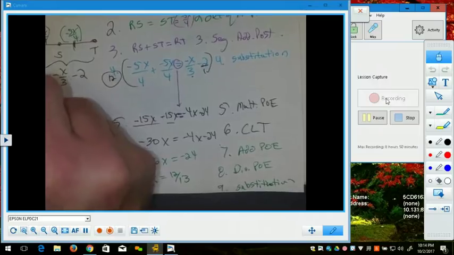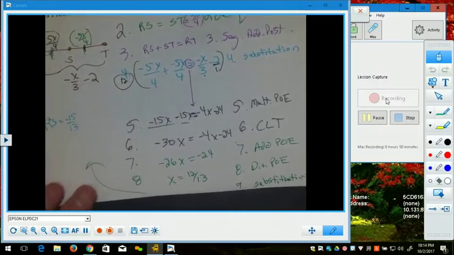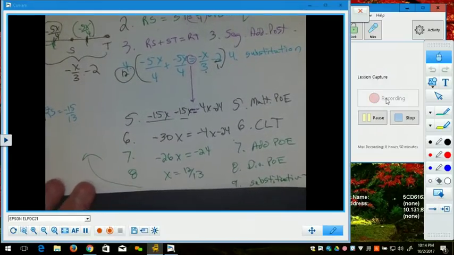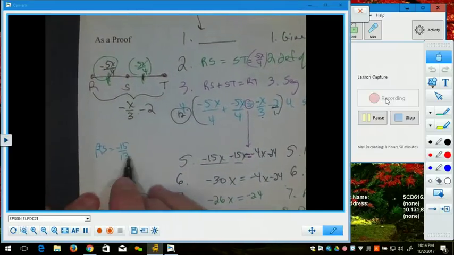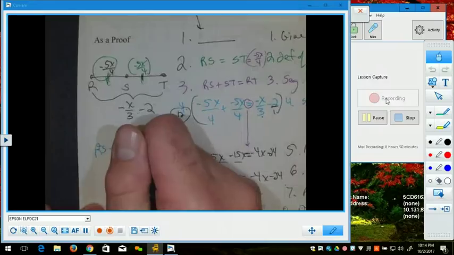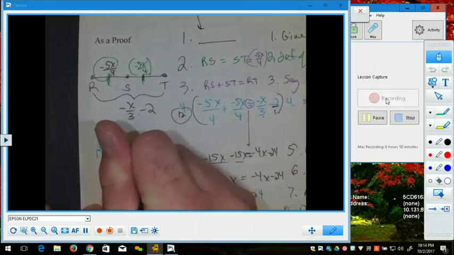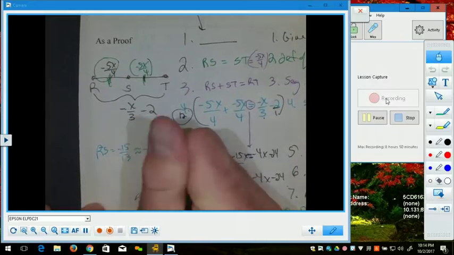RS is negative 15/13, which, again, I don't really like this. We shouldn't be getting a negative answer for these. This is probably a bad problem. But we're going to say that that is roughly negative 1.15.